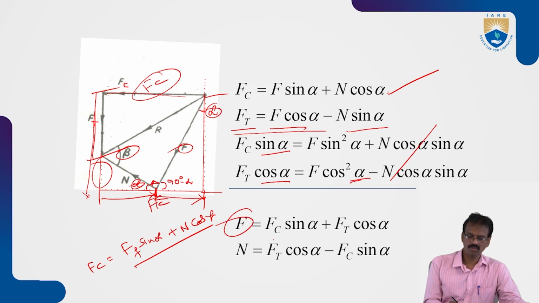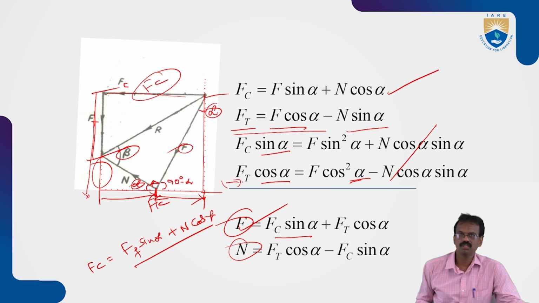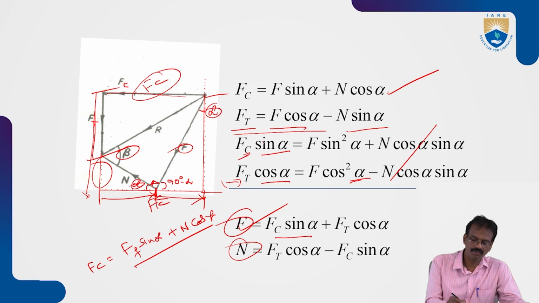Then F is equal to Fc sin alpha plus Ft cos alpha. If you know F, you can find out the N value also. The N value is equal to Fc cos alpha minus Ft sin alpha. Here we subtracted, and if you add, you can find these formulas also. Otherwise, multiply Fc with cos alpha and Ft with sin alpha, and you will get the N value.